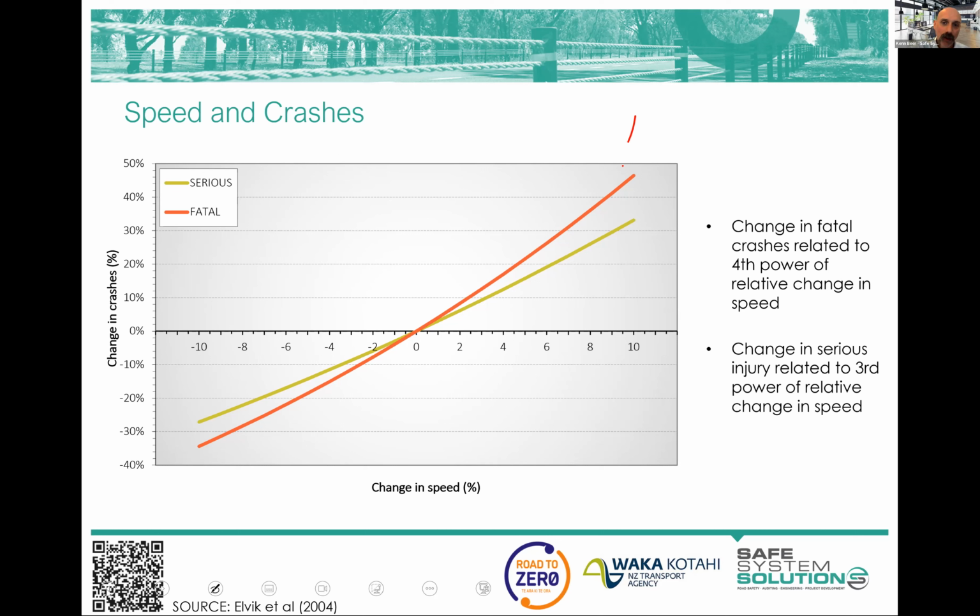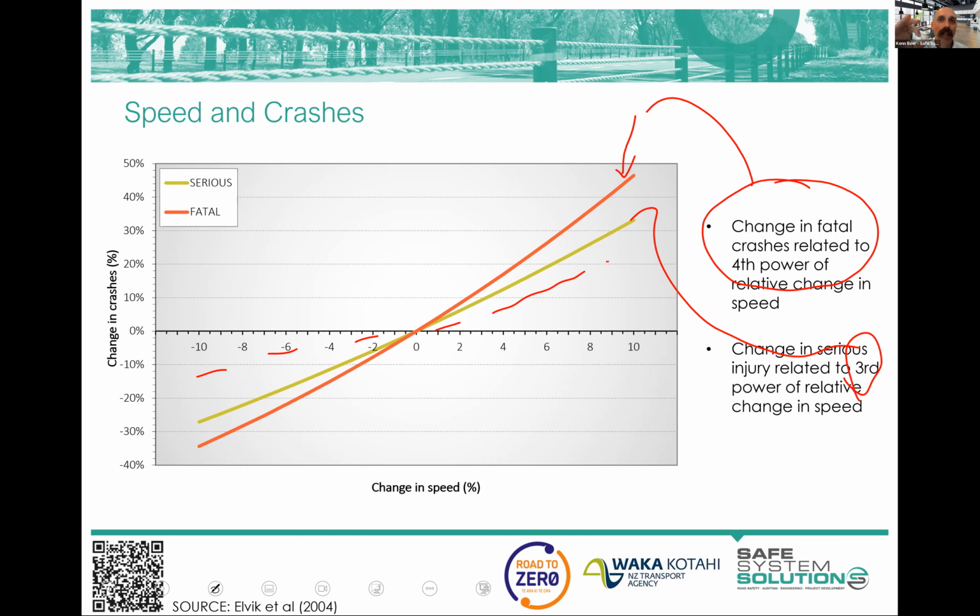So for fatal crashes, we see a fourth power relationship between change in speed, operating speed, and chance of death. Fourth power relationship. It's a third power relationship when you look at serious injuries. It's actually a second power relationship if you look at it for all injuries. So, to boil that down, small changes in speed have big impacts on the most severe incidents in reducing them.